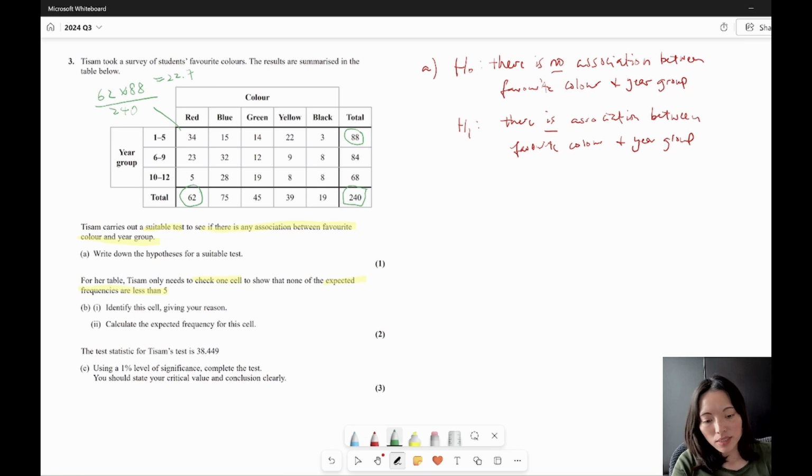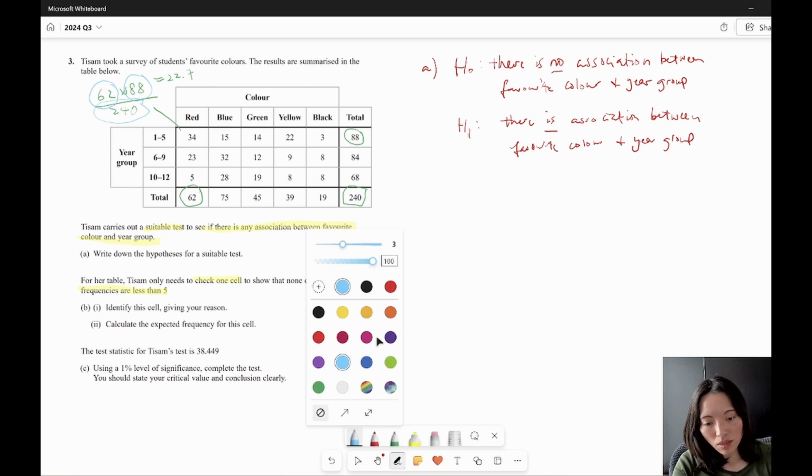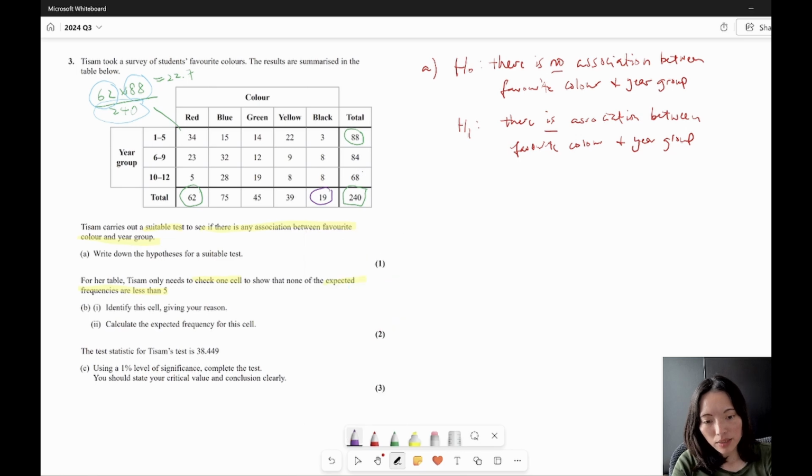So this is how I work out the expected frequency. You can see that 240 is fixed. To find the lowest expected value, I simply need to find the lowest column total and the lowest row total. The lowest column total is 19 here, and the lowest row total is 68.